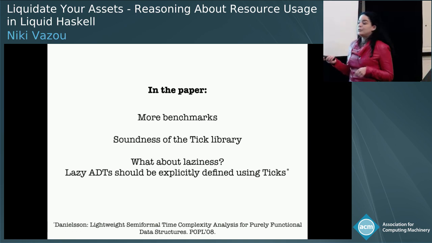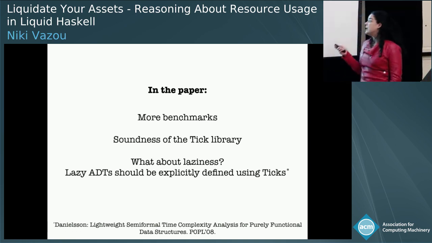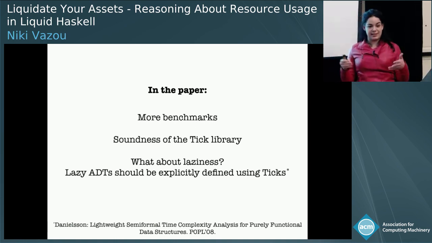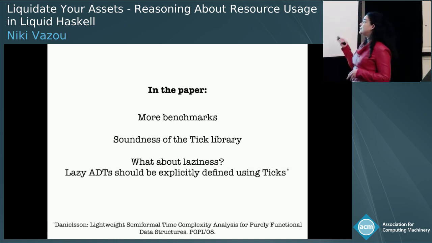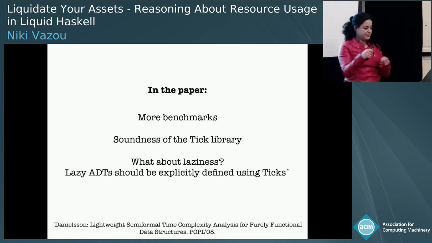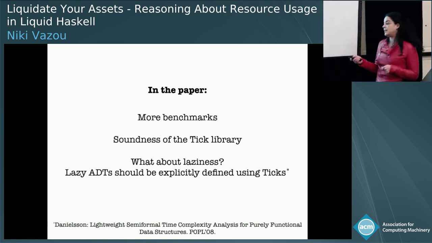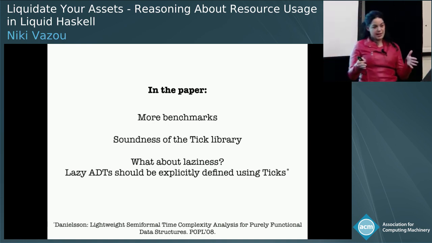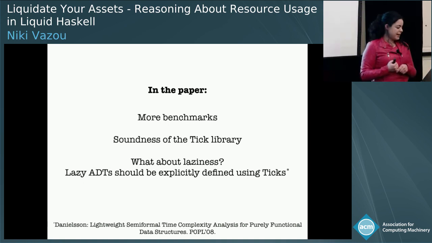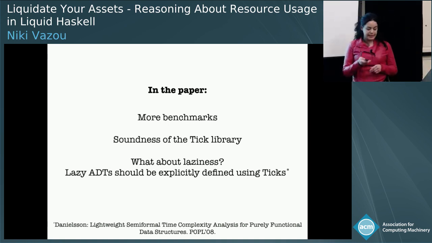But if you want to count lazy complexity, what you can do is define your own lazy data types that are using tick inside the definition. And this is basically work that Daniel did at POPL 2008, and we were able to port his benchmarks and verify them using lazy ticked data types inside the tick library.